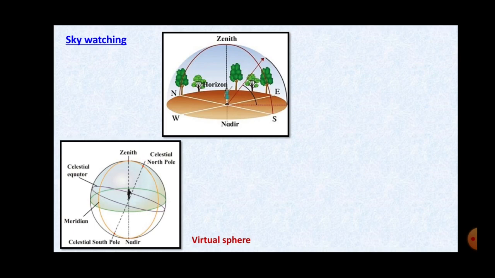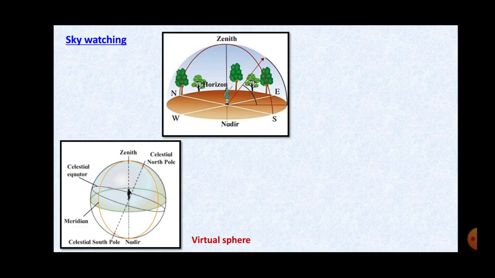Then what is meridian? Meridian is actually a great circle which passes through both the celestial poles and the observer's zenith and nadir. Okay. Then you can see in the picture the celestial equator. Now, what is the celestial equator?